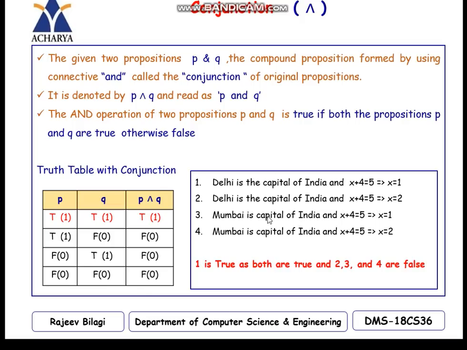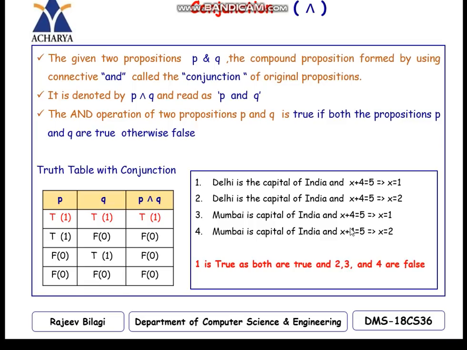Similarly, Mumbai is the capital city of India, which is false. But x plus 4 is equal to 5, so this is true. So again it is false. In the next statement, Mumbai is the capital city of India, which is false, and x plus 4 is equal to 5, which implies x is equal to 2, is also false.